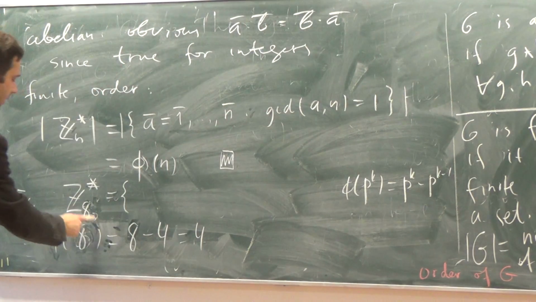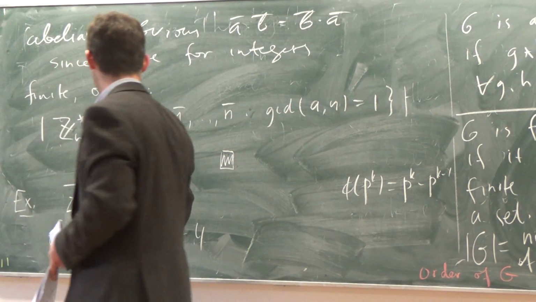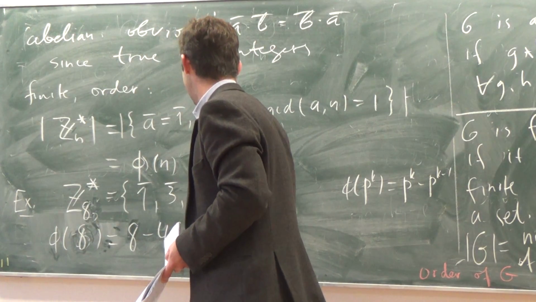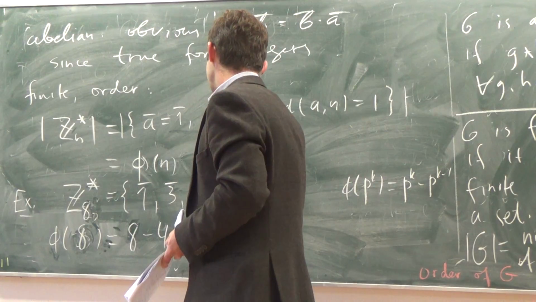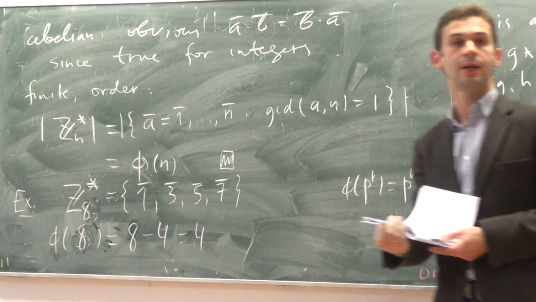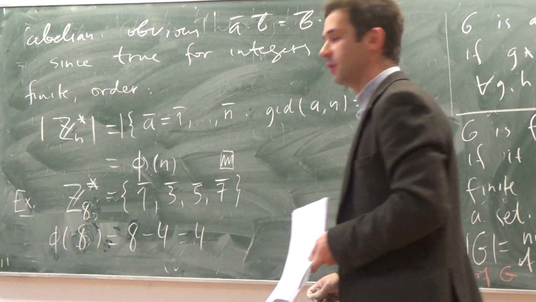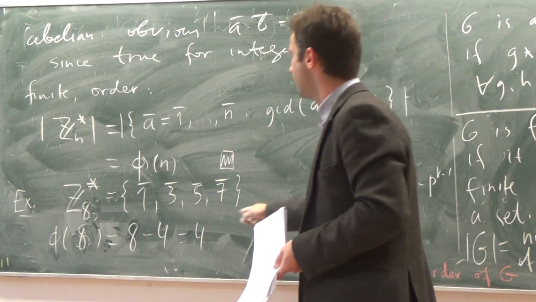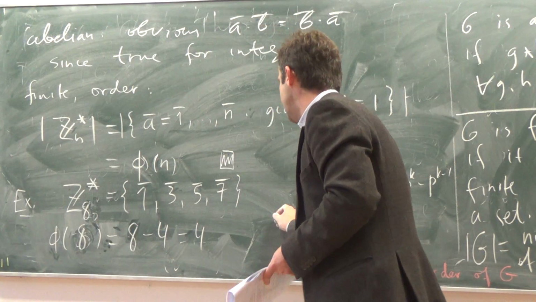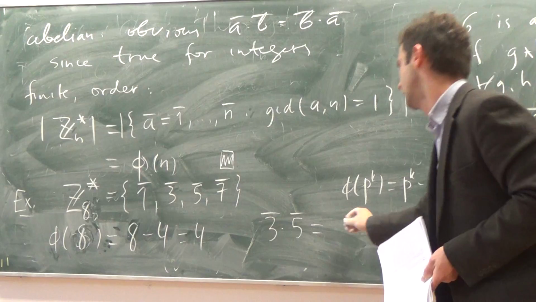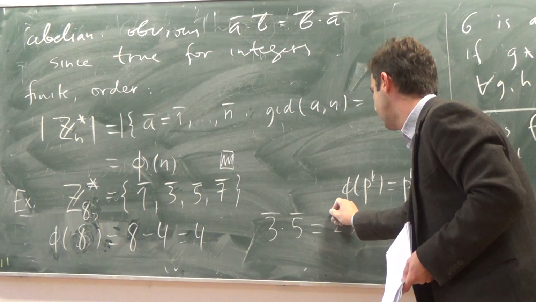Now it's easy to list those 4 elements because they're just the odd elements: 1, 3, 5, and 7. Now you can imagine making a multiplication table for these guys. It will be a group under the operation where you take, like, 3 times 5 is 15.